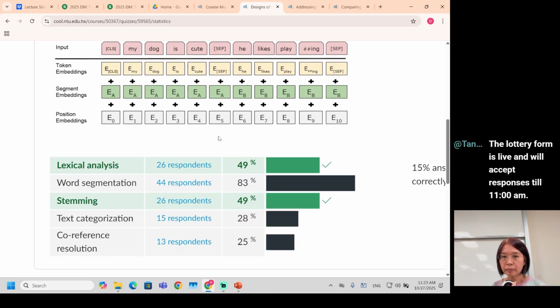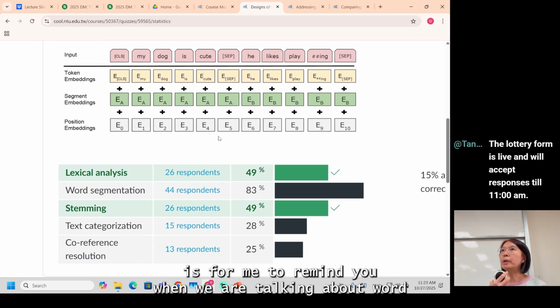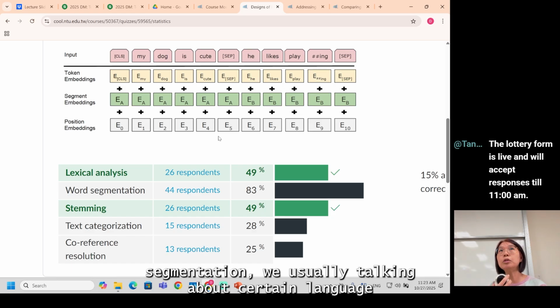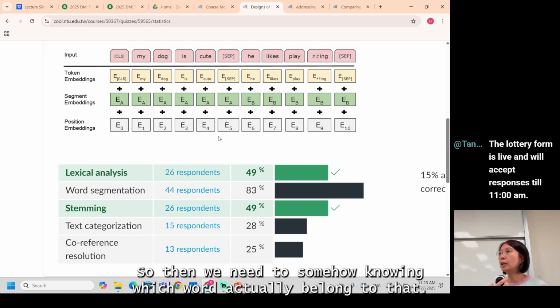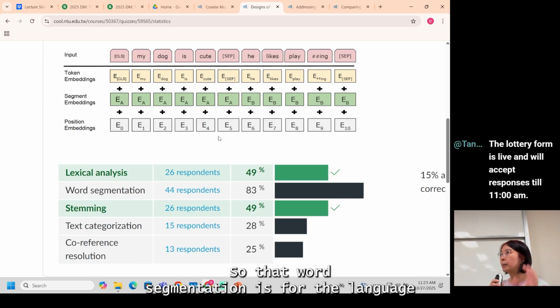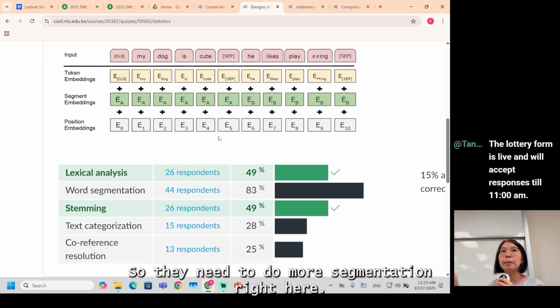Why? By the way, that is for me to remind you. When we're talking about word segmentation, we're usually talking about certain languages whose words do not have a very clear boundary. So then we need to somehow know which word actually belongs to that. So word segmentation is for languages that really need to do word segmentation, like Chinese or Tigrinya, right?